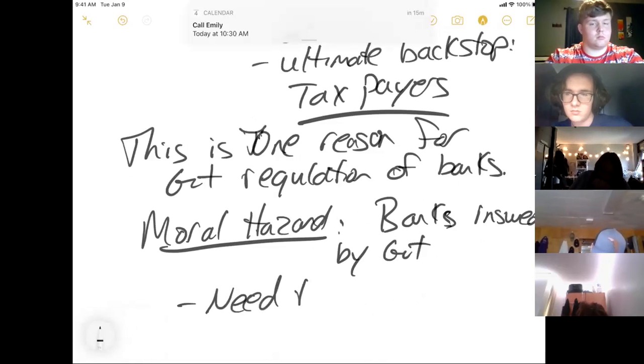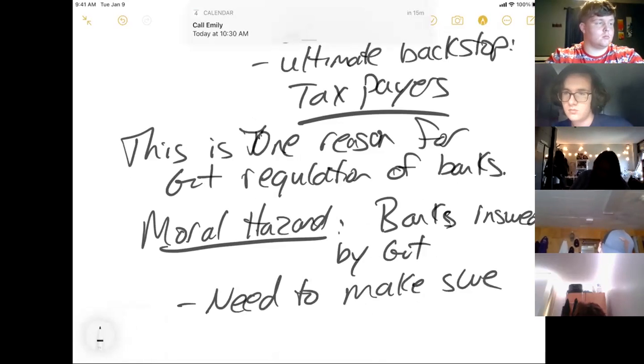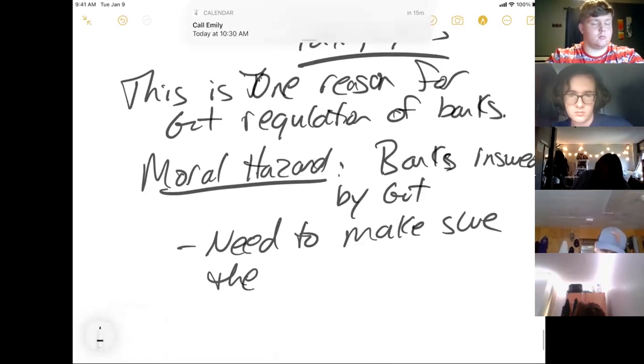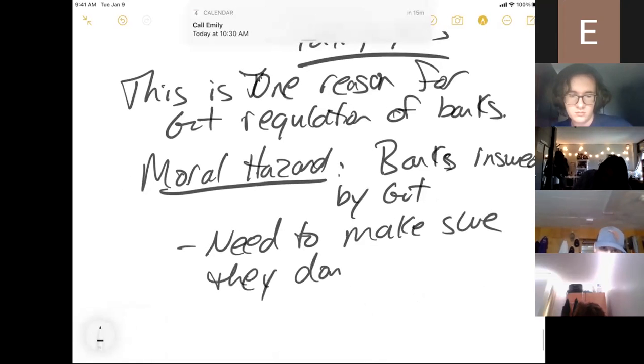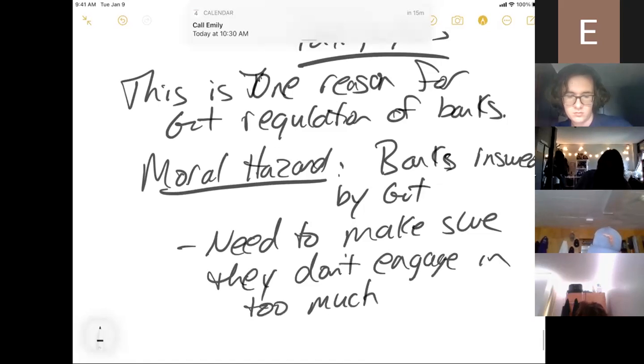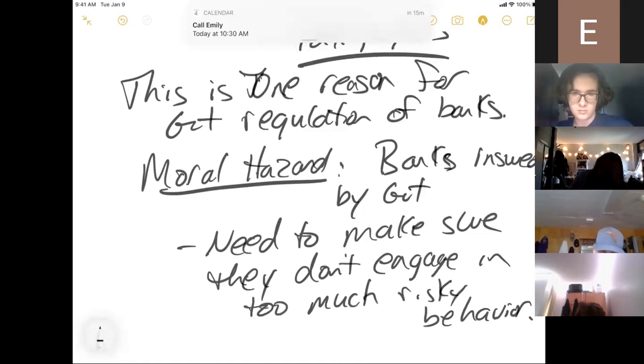Need to make sure they don't engage in too much risky behavior. Now, banks are going to engage in risky behavior. That's the nature of banking, right? Banking in and of itself is risky.